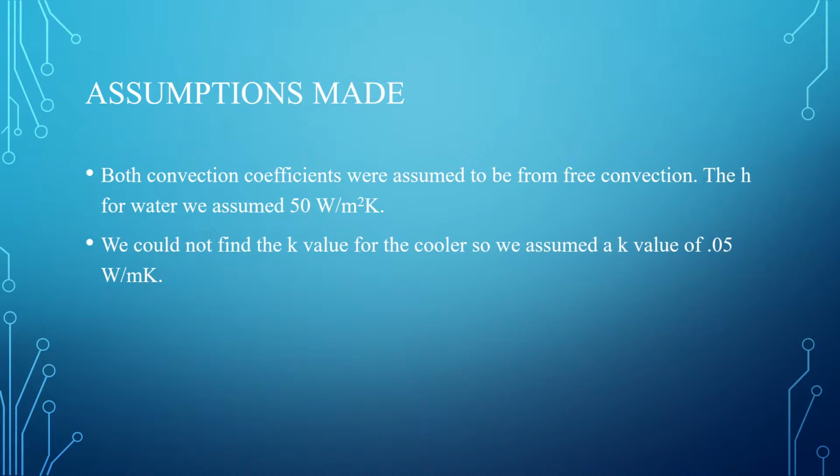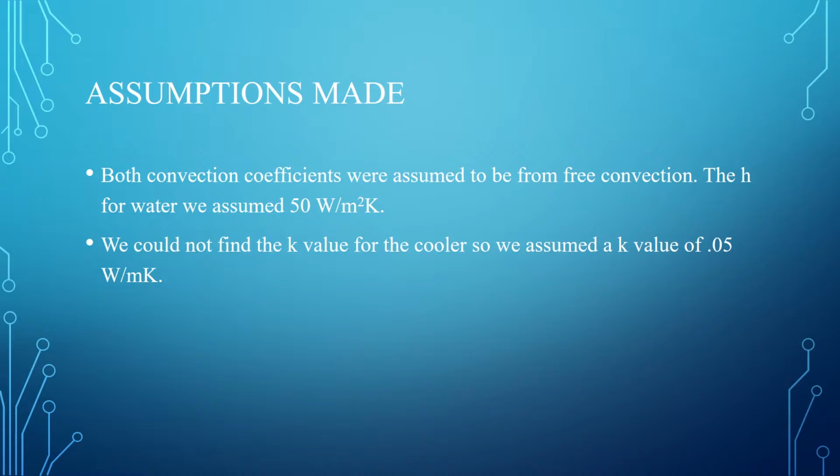We made a few assumptions for this project, mostly dealing with the convection and conduction coefficients. First, we assumed that both convection coefficients were just going to be from free convection, and we were able to calculate the H value for the outside using the Rayleigh number, then getting the Nusselt number, and then finding H. However, it was a little more complicated with the water.